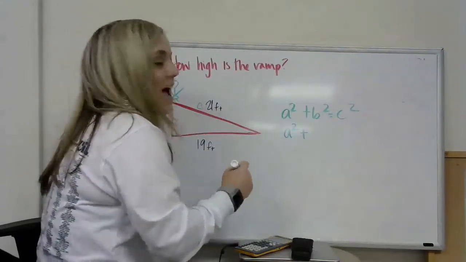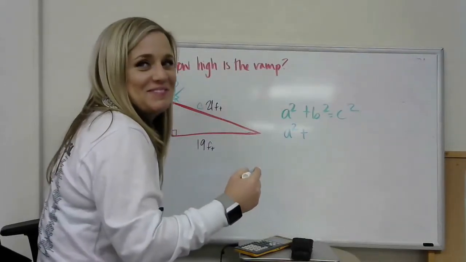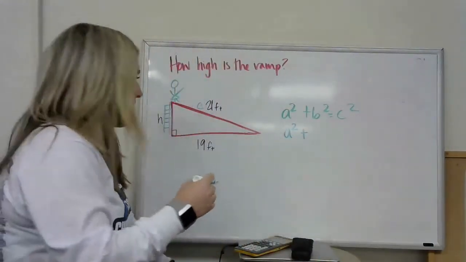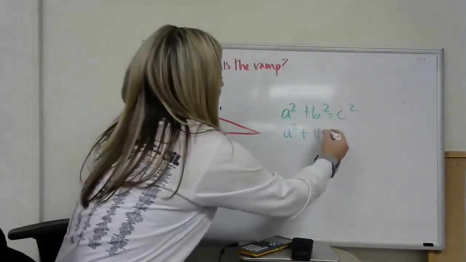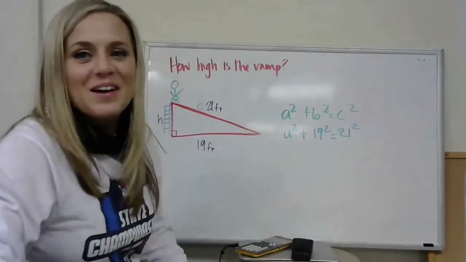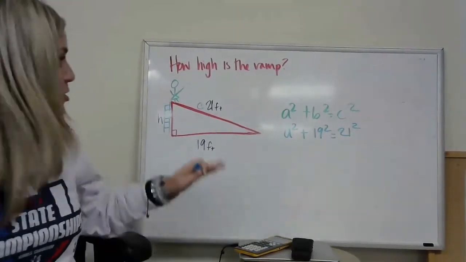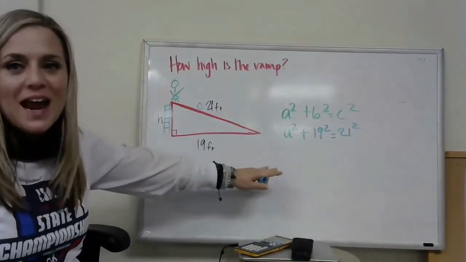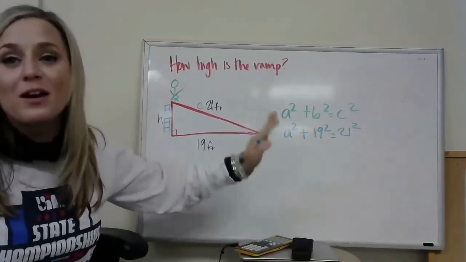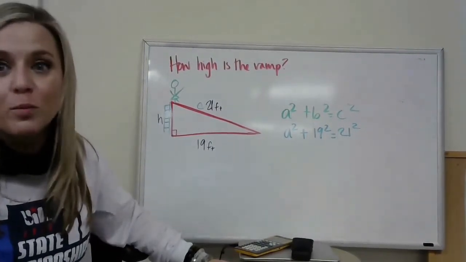So a squared plus 19 squared equals 21 squared. Use your calculators. We're going to pause right now, and you're going to solve this and see if you can get the right answer. It doesn't matter if you get it right or wrong. Just try. We'll be back.